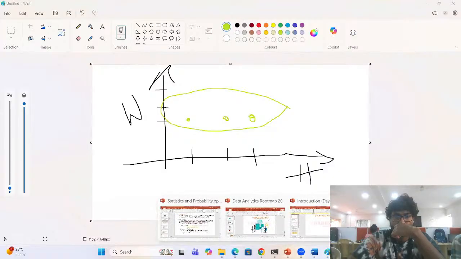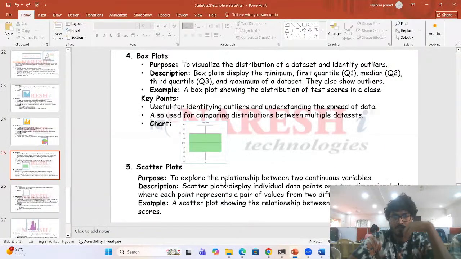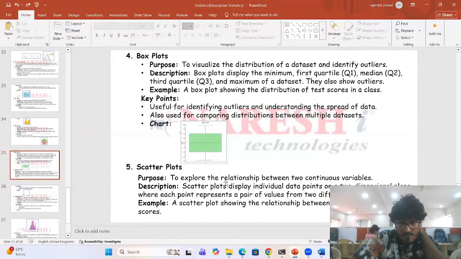Let me go back to this thing. See, I already explained all the technicalities. Let me read the theoretical part. Scatter plot: use it to explore the relationship between two continuous variables. See the description.